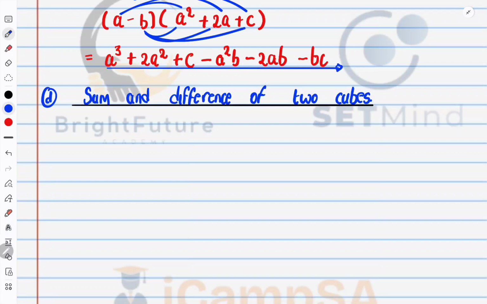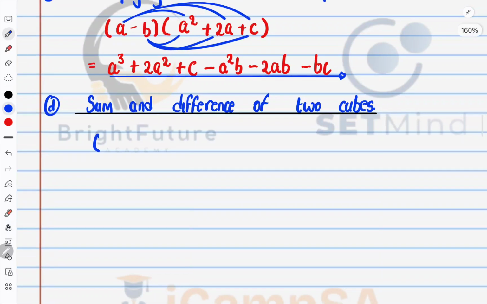Let's say now we are given this expression here: a minus b into a squared plus ab plus b squared. Maybe start by expanding this expression, multiplying a binomial by a trinomial, and see what it gives us.